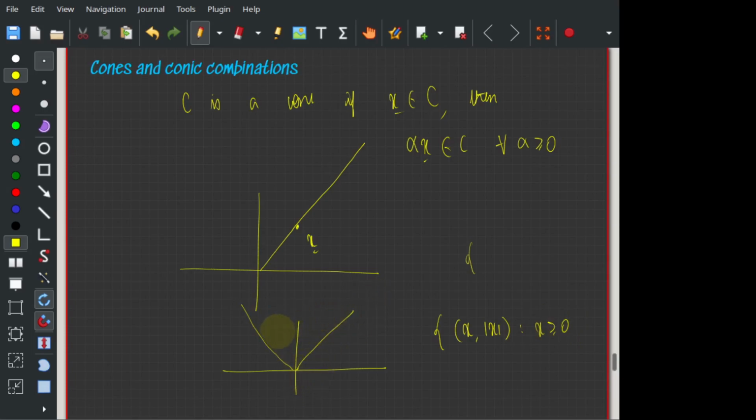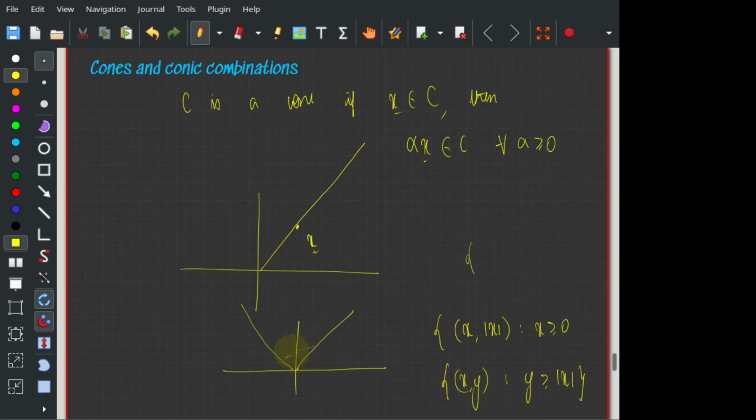But what if I take the set of all x y such that y is greater than or equal to mod x? What does that look like?